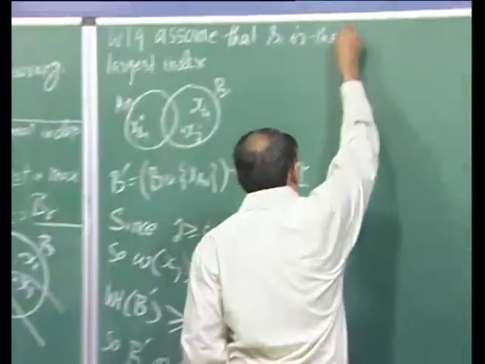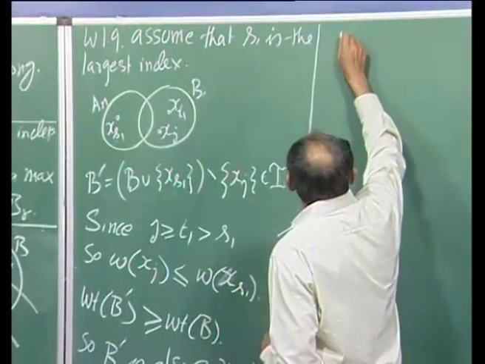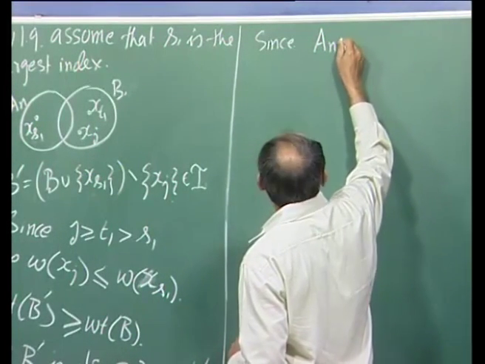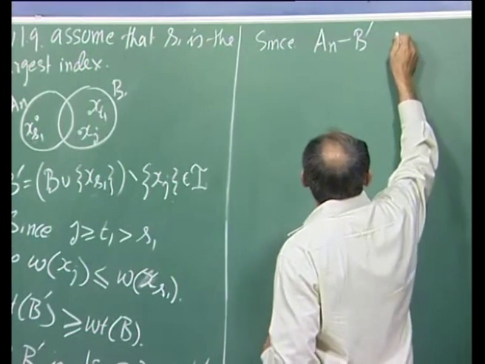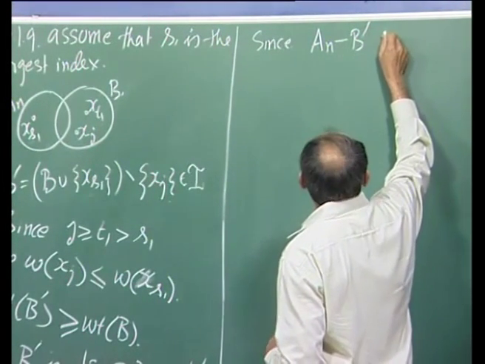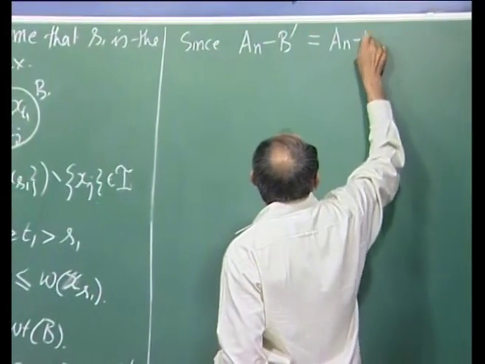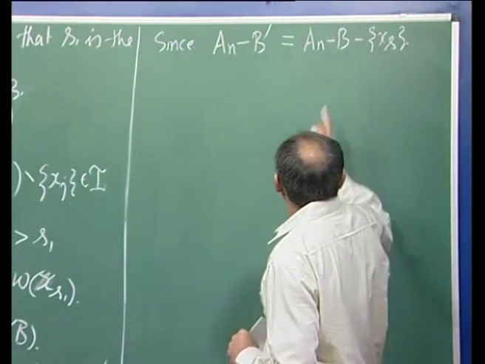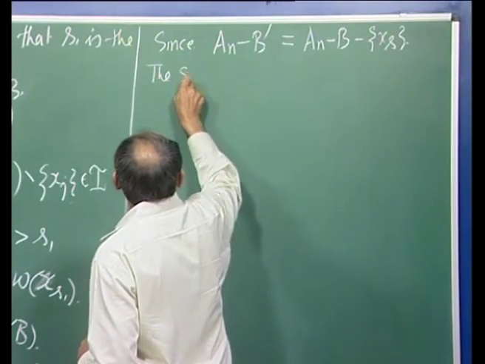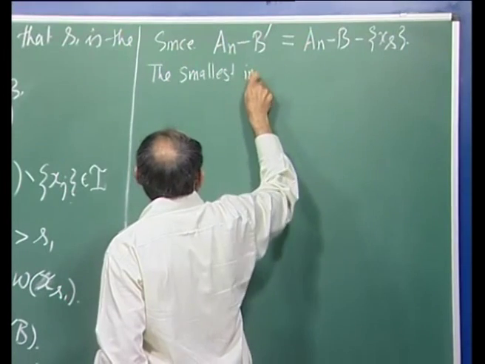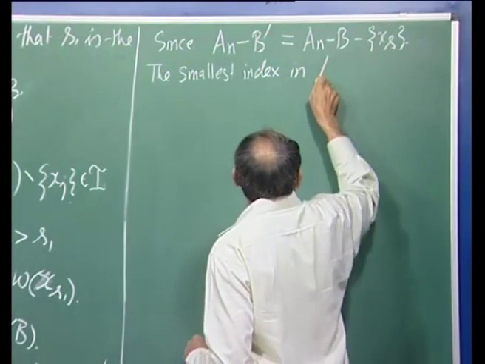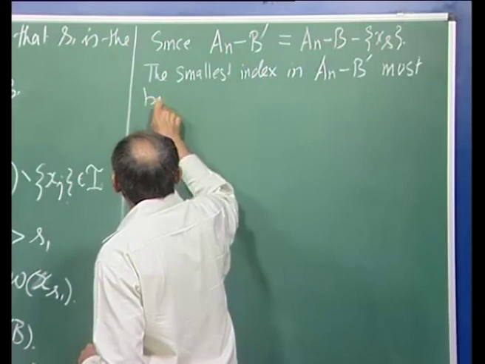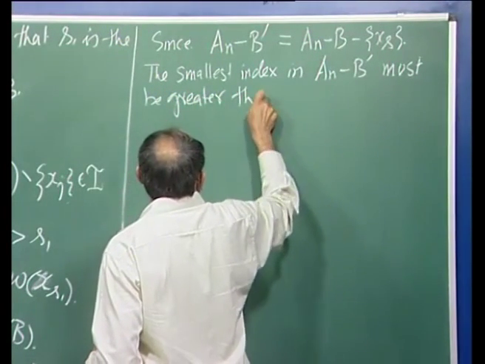Okay, so I'll write down that since A n minus B prime is actually A n minus B minus x s, hence the smallest index in A n minus B prime must be greater than s.